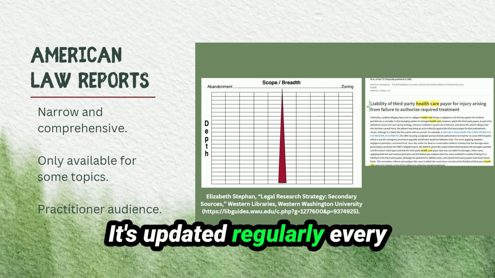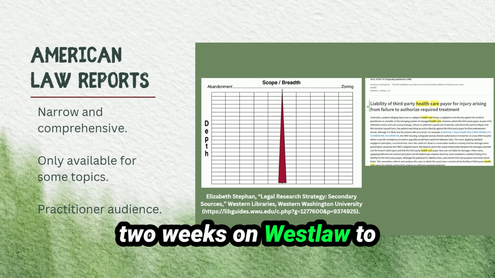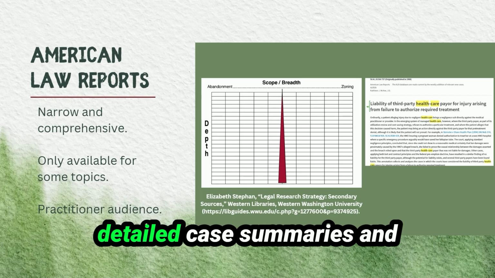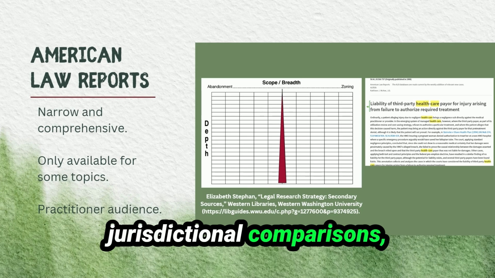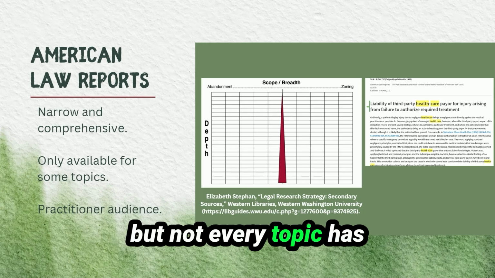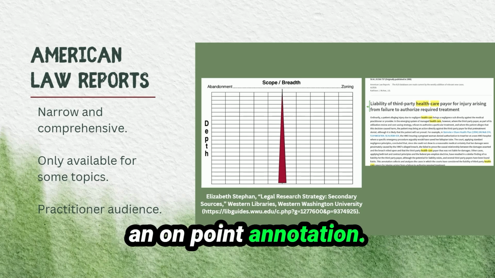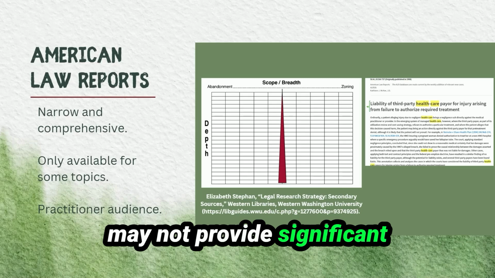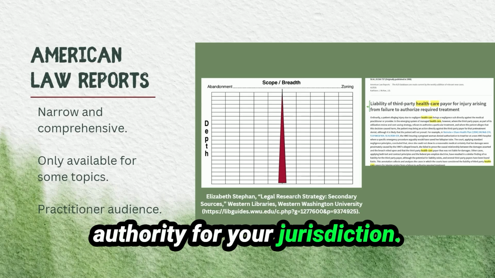It's updated regularly, every 2 weeks on Westlaw, to ensure content stays relevant. ALR annotations offer detailed case summaries and jurisdictional comparisons, but not every topic has an on point annotation. Additionally, annotations may not provide significant authority for your jurisdiction.